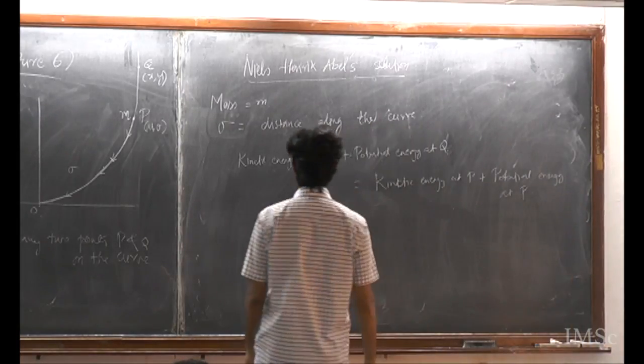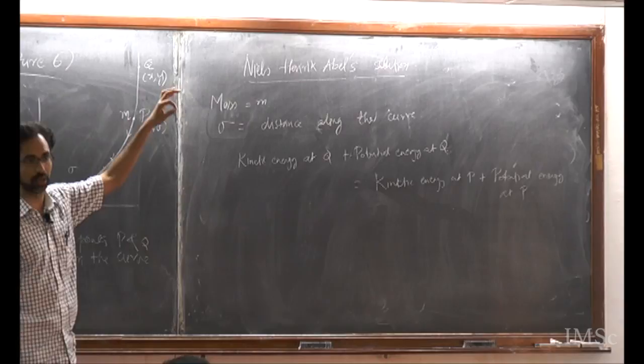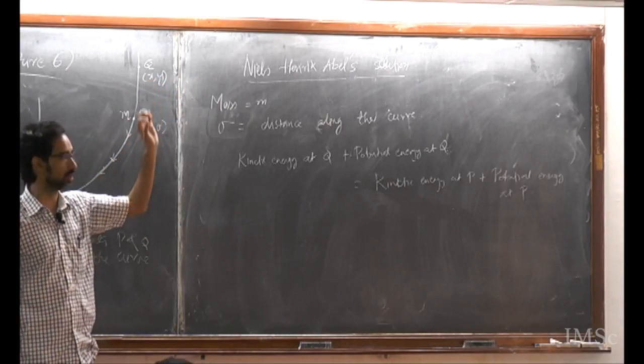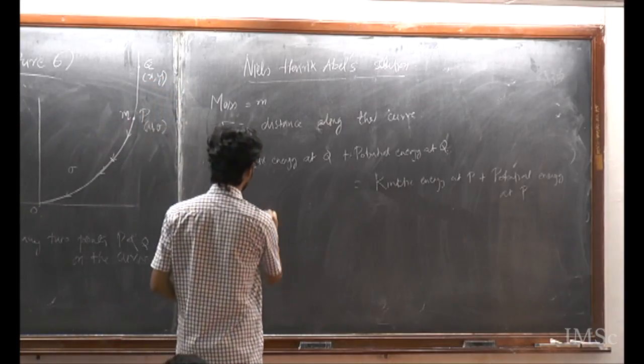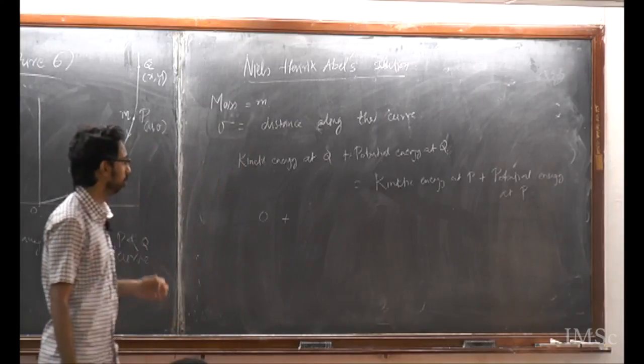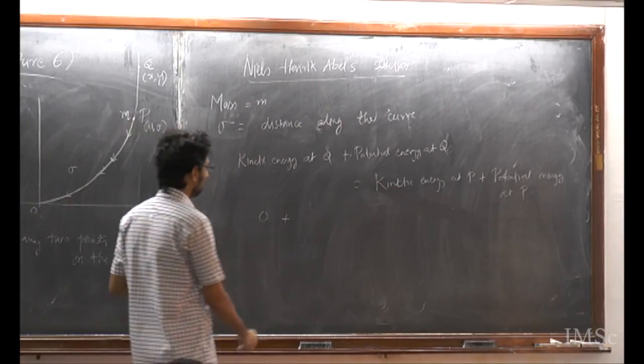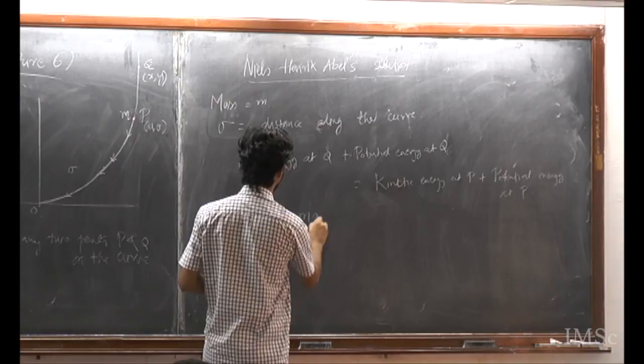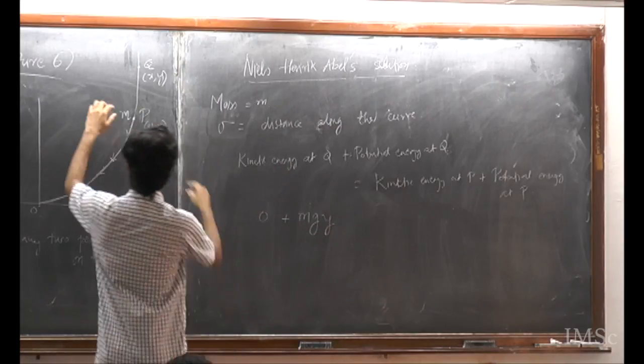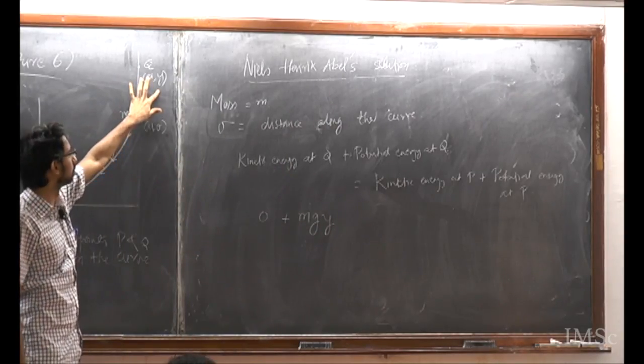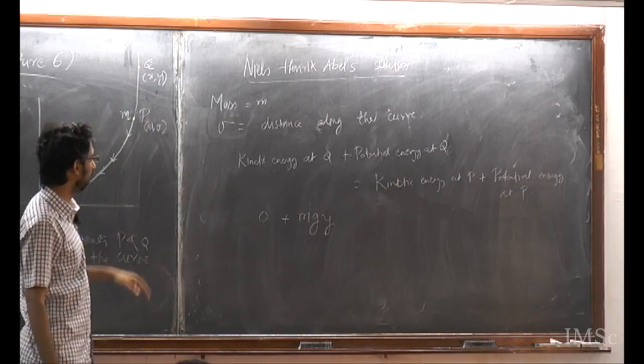What is the kinetic energy at Q? It is released with a rest velocity, so it's 0. So this is 0 plus, what is the potential energy? It's mg y. The height is y. This is the height from the ground.